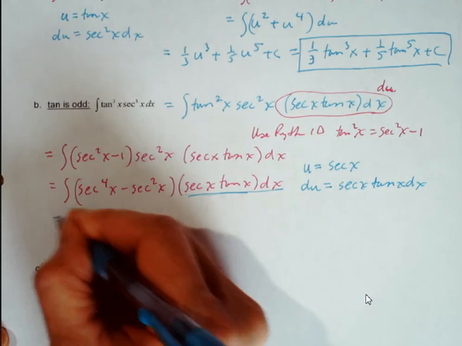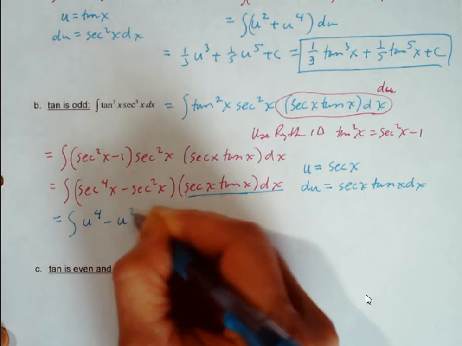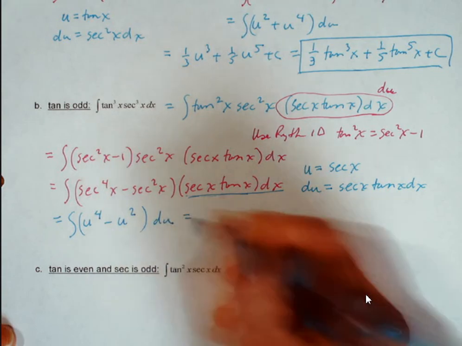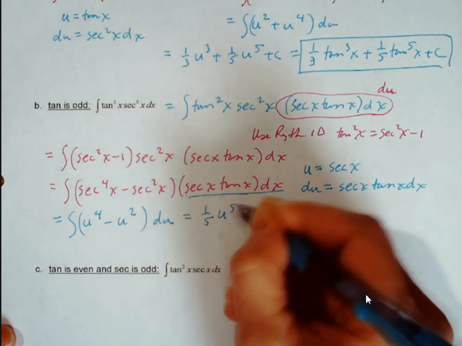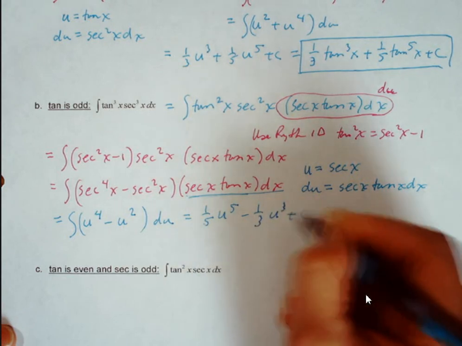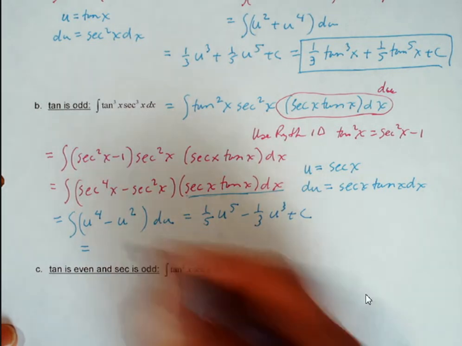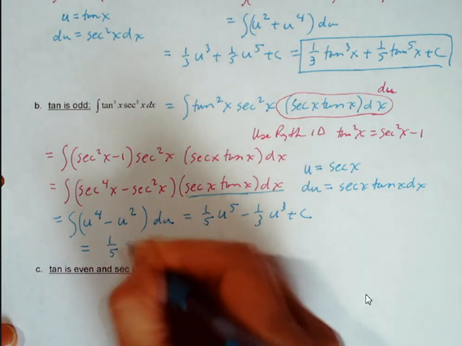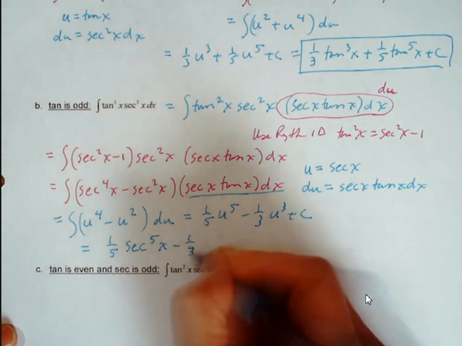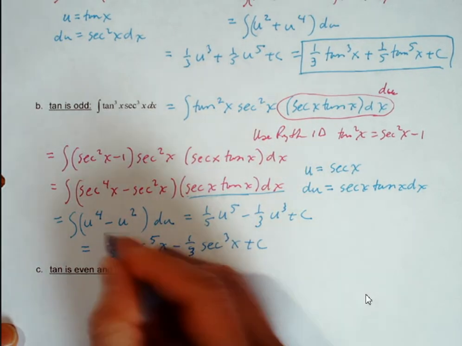Then I do my substitution, so I end up with the integral of u to the fourth minus u squared du, and that is equal to 1/5 u to the fifth minus 1/3 u to the third plus c. Now making my substitution of u equaling secant of x, my final answer is 1/5 secant to the fifth x minus 1/3 secant to the third x plus c.